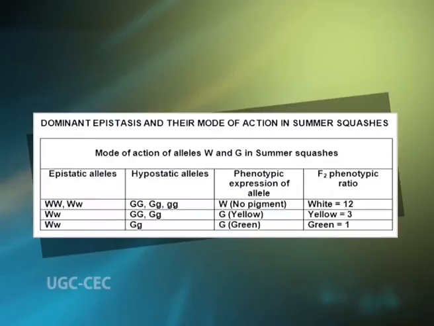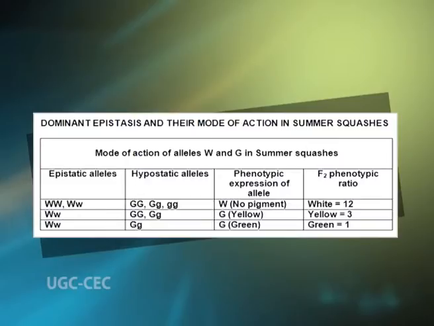The significance of this dominant epistasis is that the modification of Mendelian dihybrid ratio from 9:3:3:1 to 12:3:1 happens.